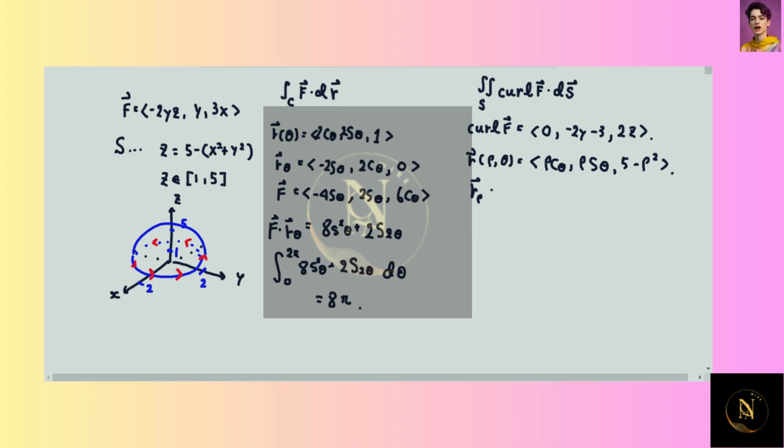Okay, let's take the partial derivatives. With respect to ρ, we will get ⟨cos θ, sin θ, -2ρ⟩. With respect to theta, we will get ⟨-ρ sin θ, ρ cos θ, 0⟩. Oh, this one is actually 0. Excuse me. There you go.